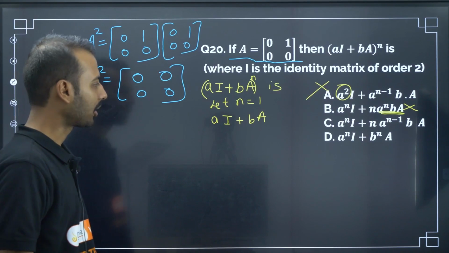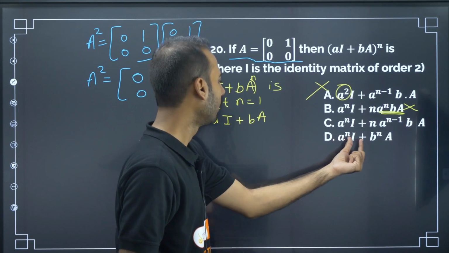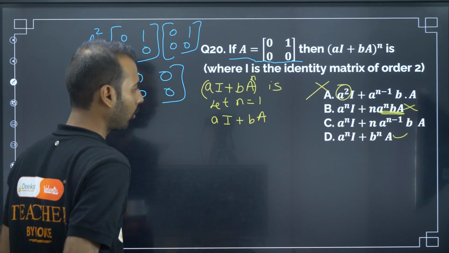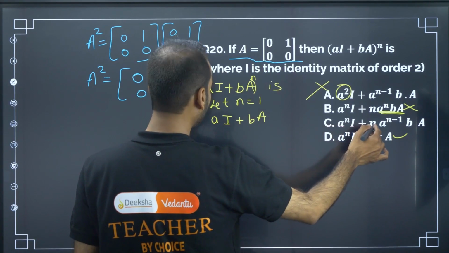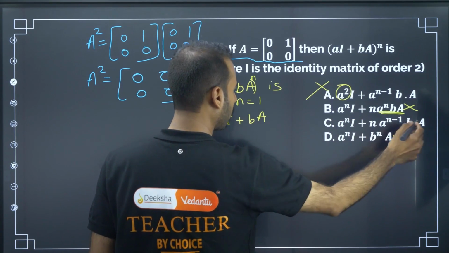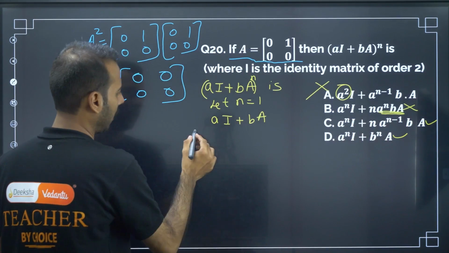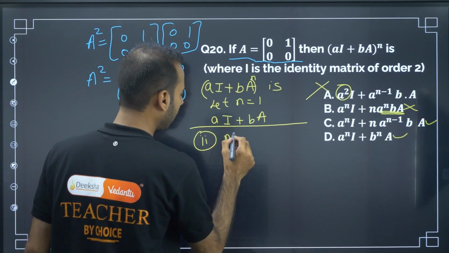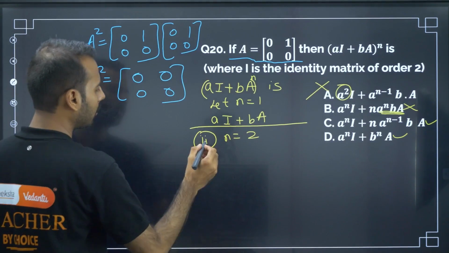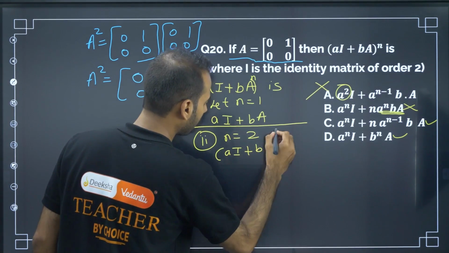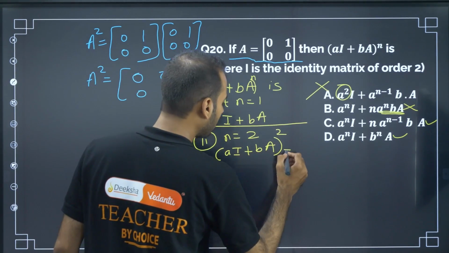Next, if I keep n equal to 1, aI plus bA, okay, for a moment I will consider this. What about this one? With n equal to 1, yes, this also I will consider for a moment. Next, in the next approach, I will take n equal to 2. If I take n equal to 2, (aI + bA) squared is equal to what?